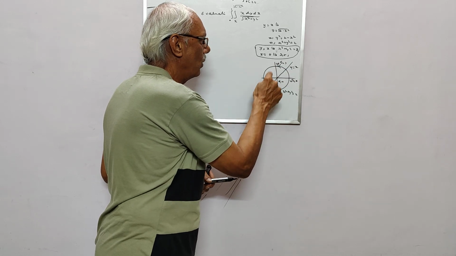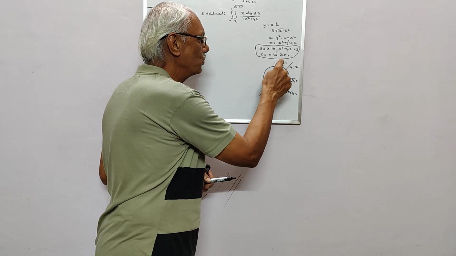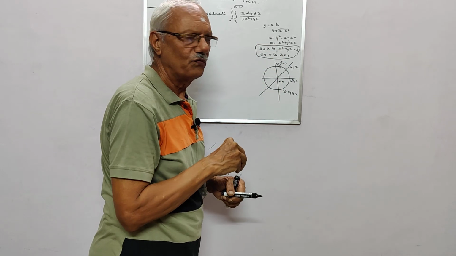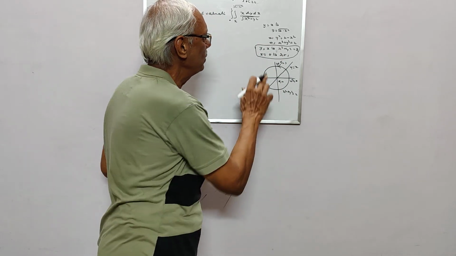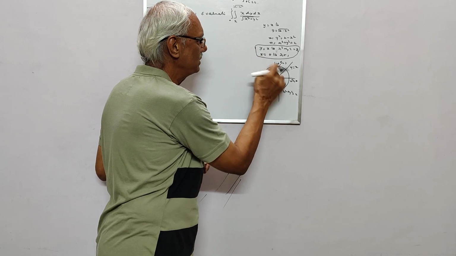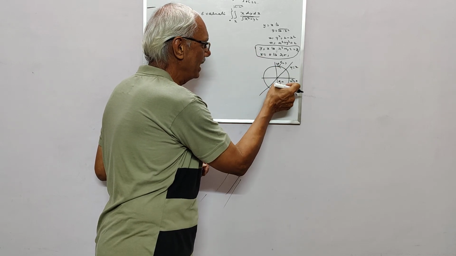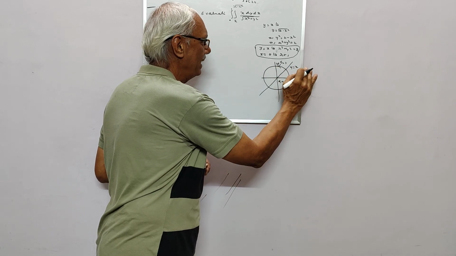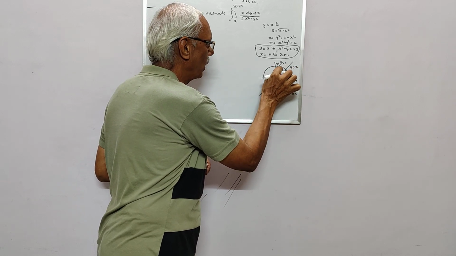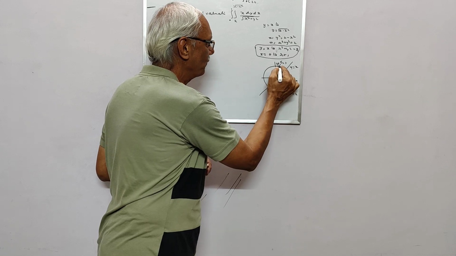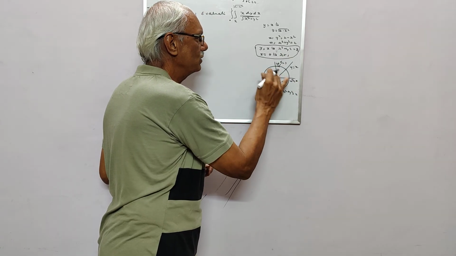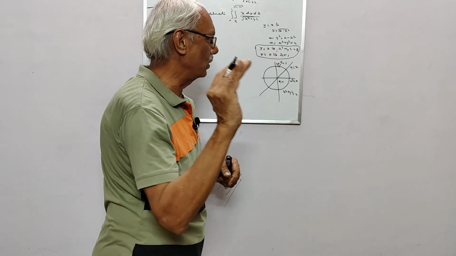So your domain of integration lies only in the first quadrant. Moreover, x is equal to 0 is on the y axis, and it travels to the right and goes up to 1. Therefore our domain of integration lies only in the first quadrant.